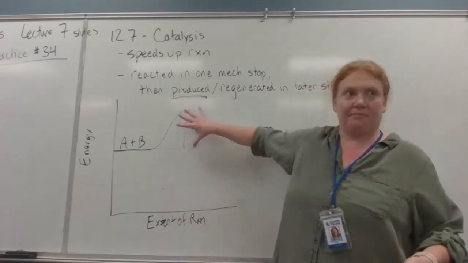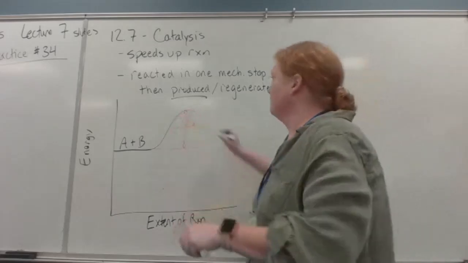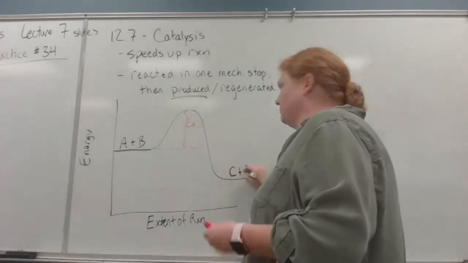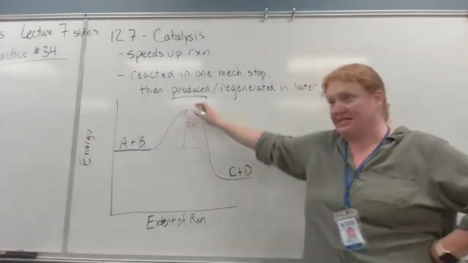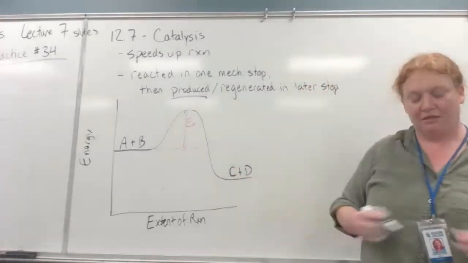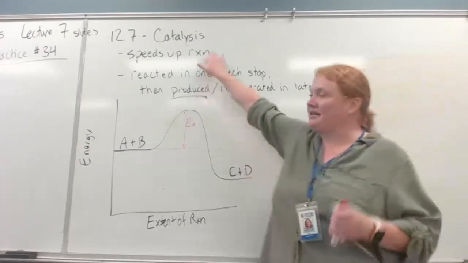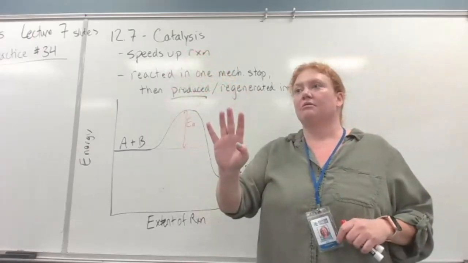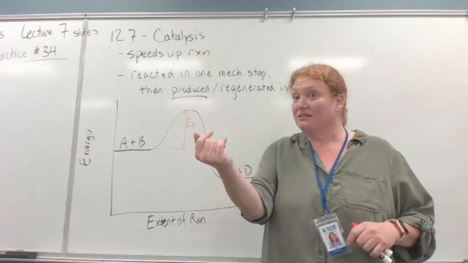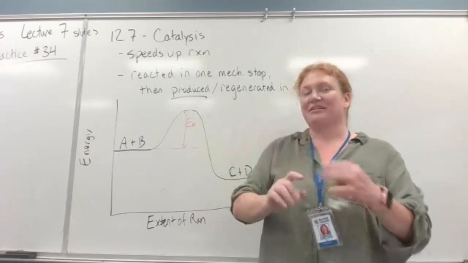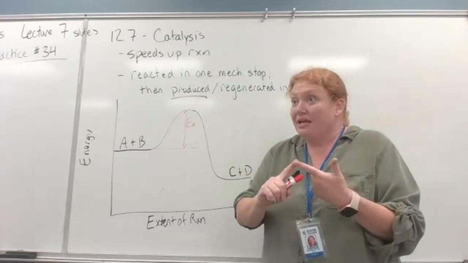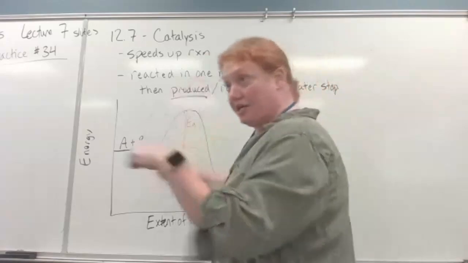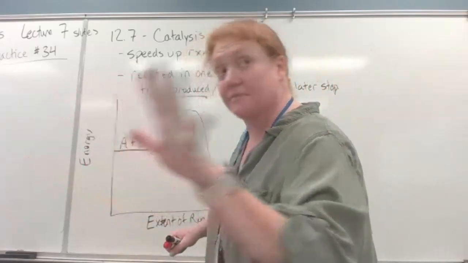No. The amount is the same. And then it's going to come down here and I'm going to make my products, right? Because that's the easy part. How does a catalyst then speed up a reaction? So let's think. I said things like temperature and concentration are not about changing the size of the hill. It's about giving it more power to get up the hill, okay?